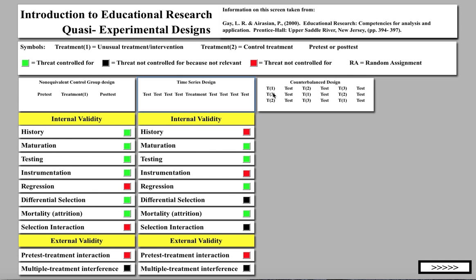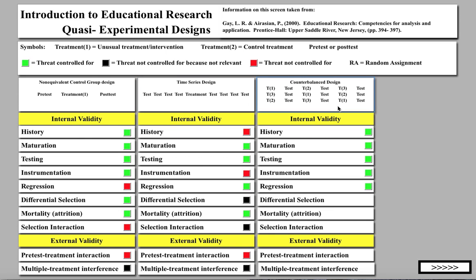And there must be an equal number of groups and an equal number of treatments. And let's take a look at this. But this design does address many of the threats to internal validity. And one threat to external validity is irrelevant, and then the multiple treatment interference, obviously it doesn't address that. So those are the quasi-experimental designs.